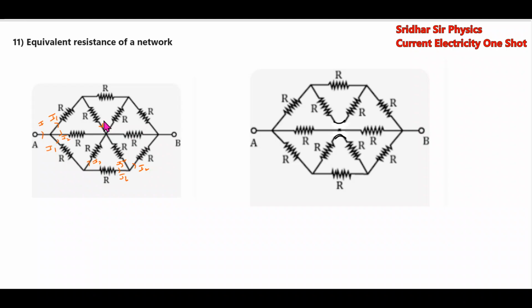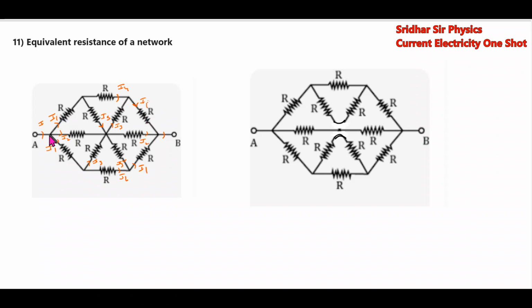Similarly, the current here will be I3, I4, I2, and this will be I1, and this will be I1.